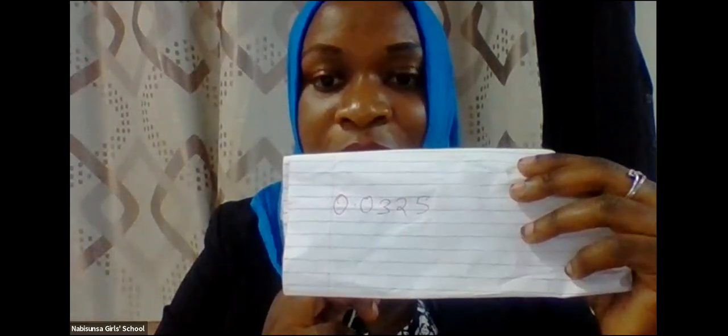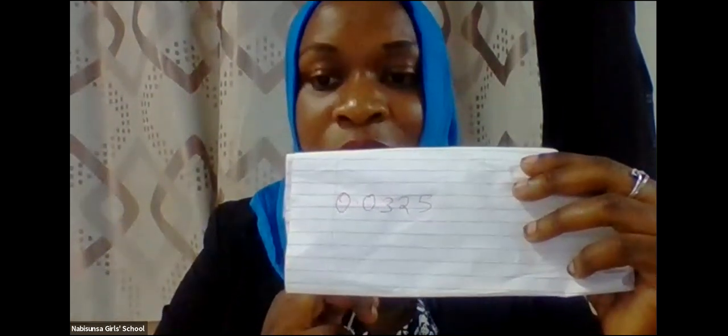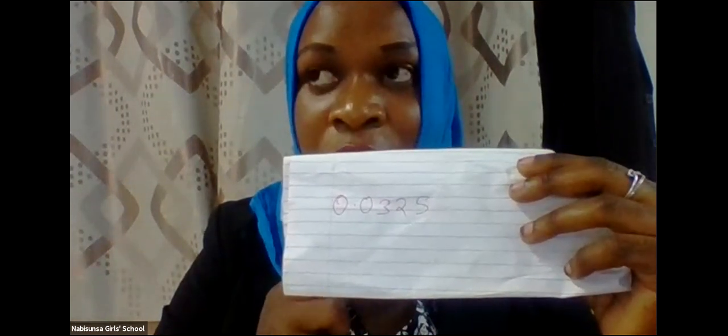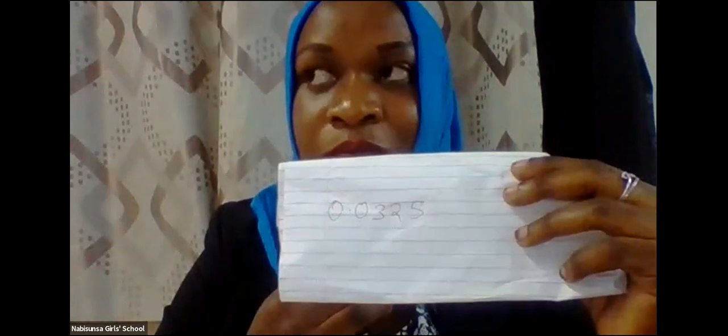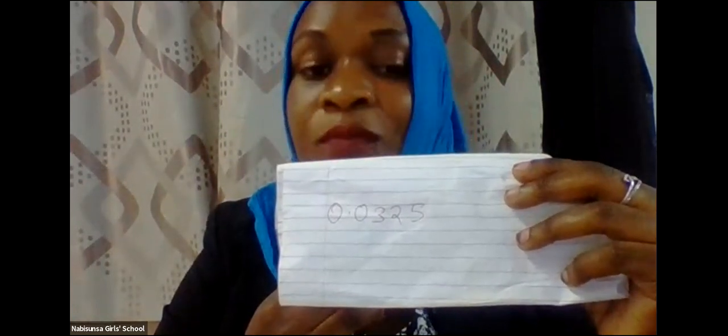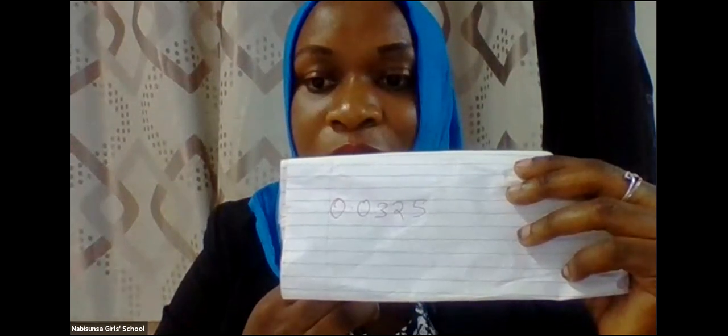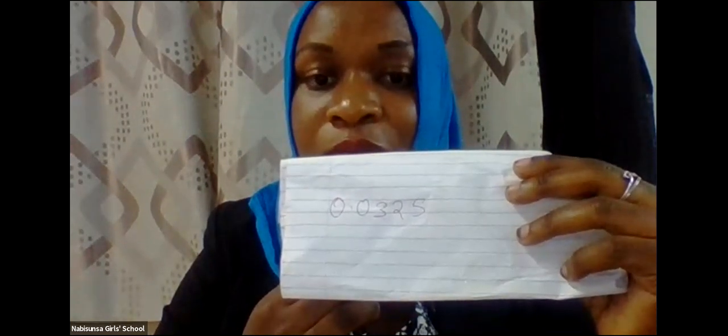The leading zeros are not considered significant. The 3, 2 and 5 are considered significant since rule number 1 said all non-zero digits are significant figures.